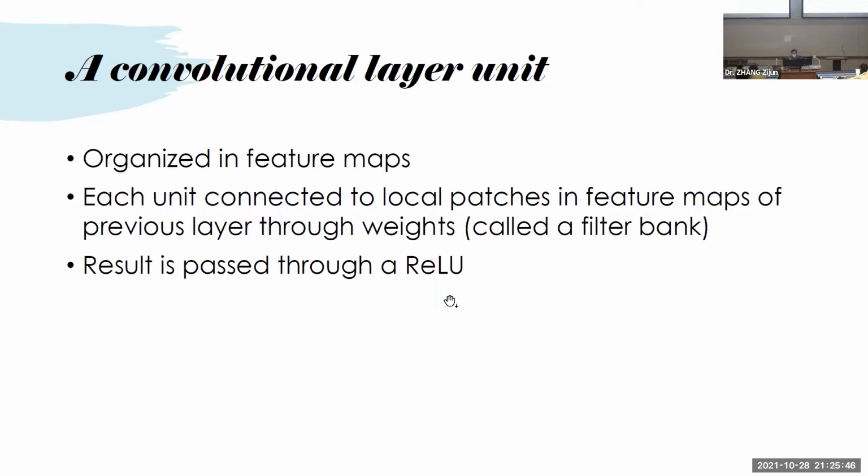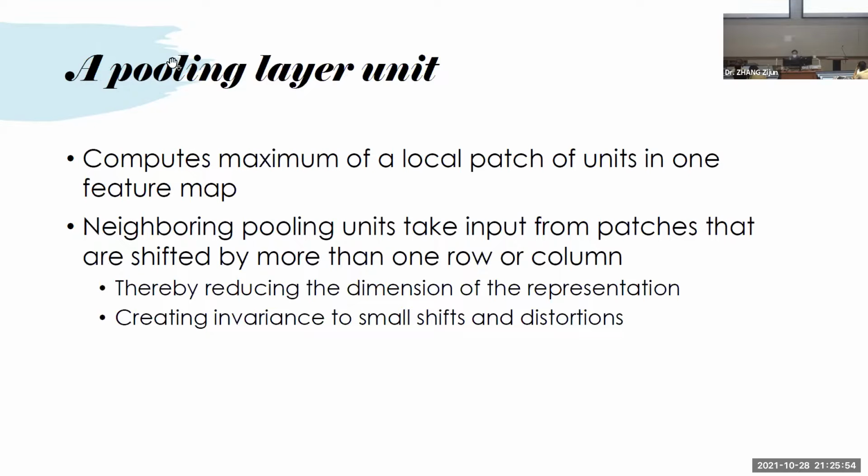So in this convolutional layer, the units are organized in a feature map, and each unit connects to a local patch. I have talked about this. The pooling layer computes the maximum of a local patch of units in one feature map, and neighboring pooling units take input from patches that are shifted by more than one row or column.